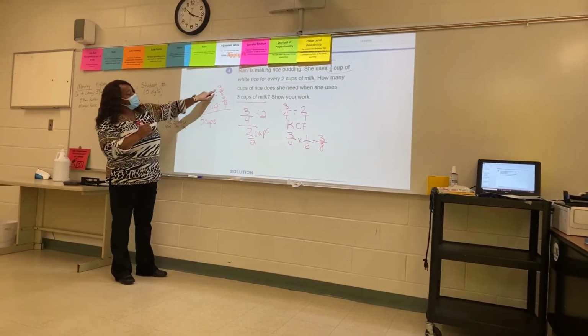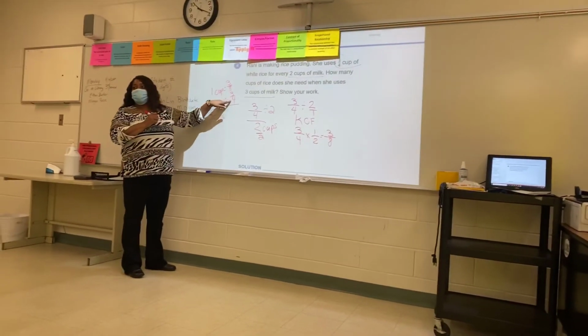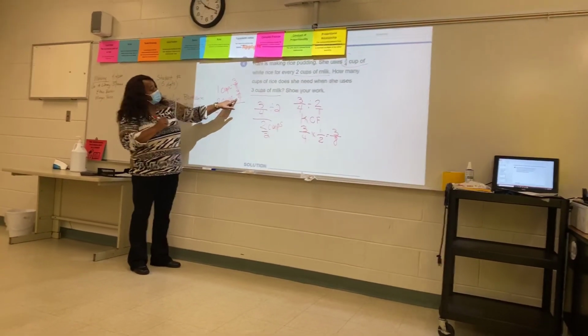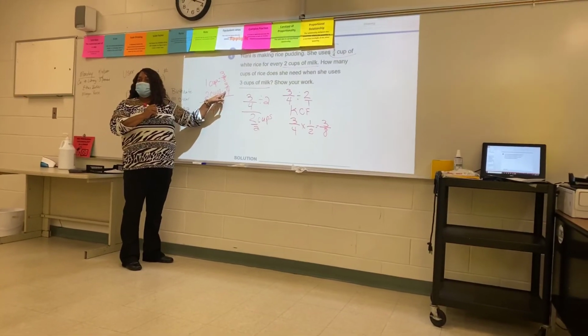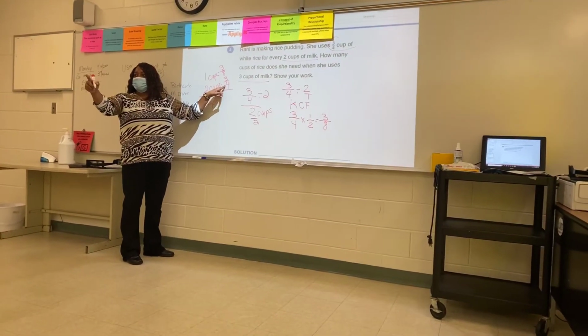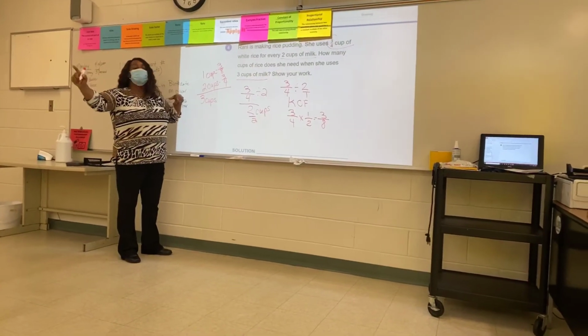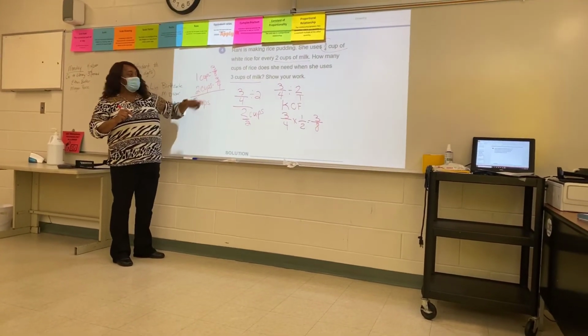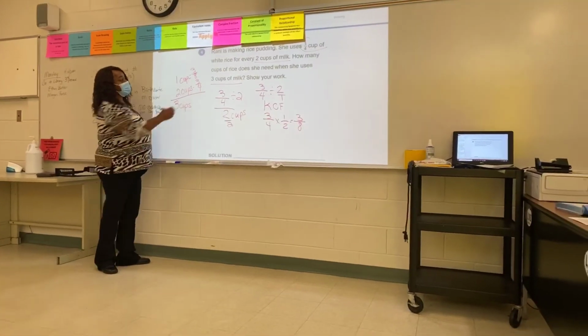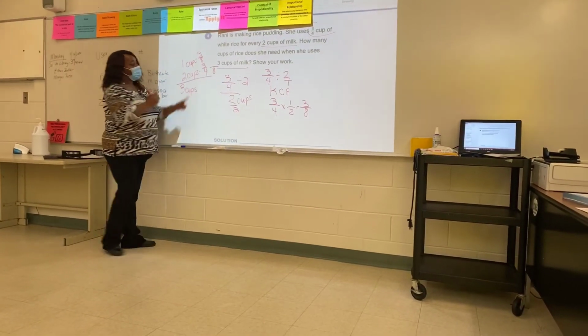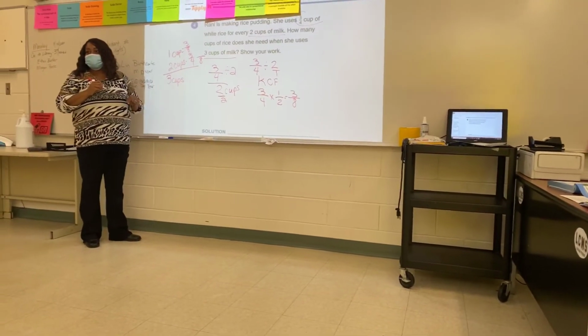So now we need to know what is 3/8 plus 3/4. Oh, the denominators are different. What do we need to do? We need to find the common denominator, which is 8. So 4 times what equals 8? 2.